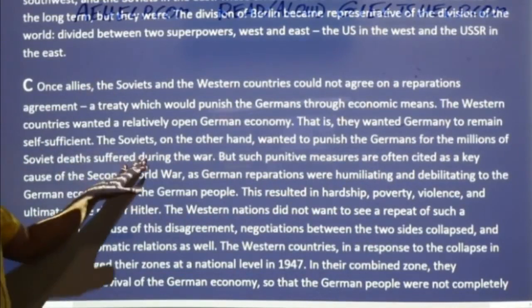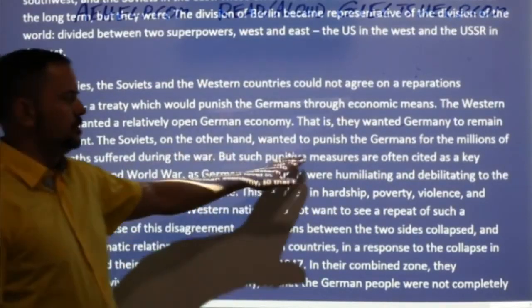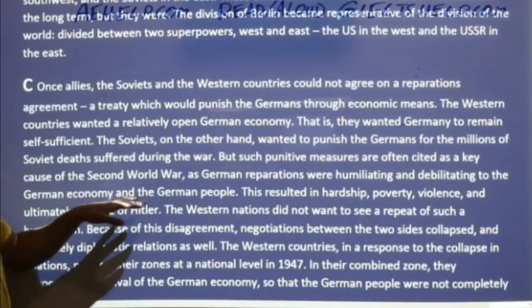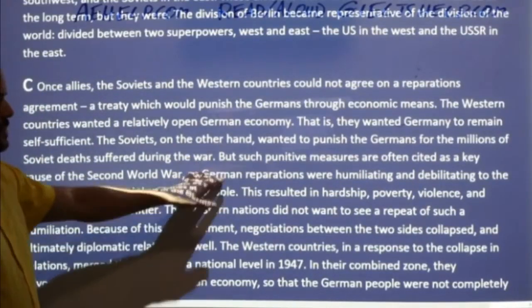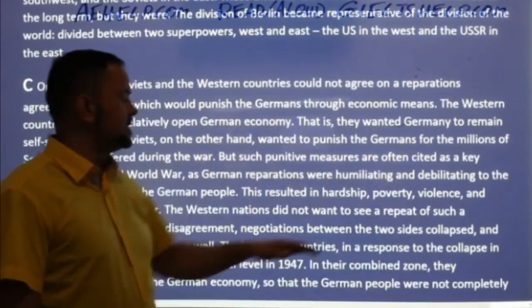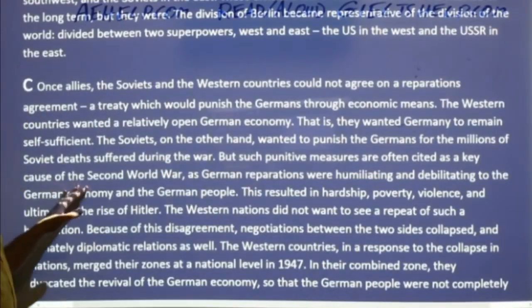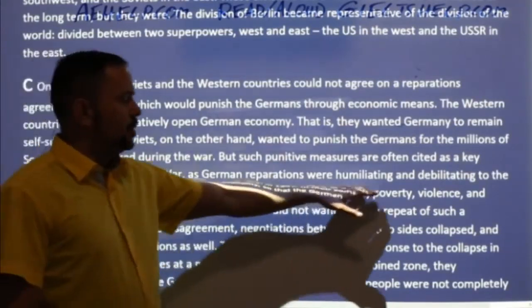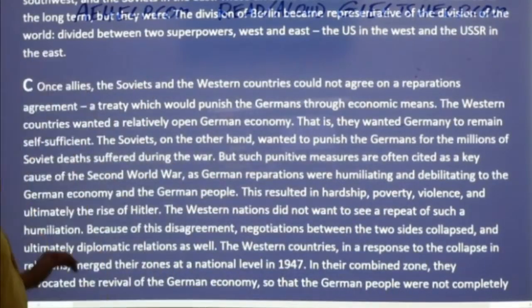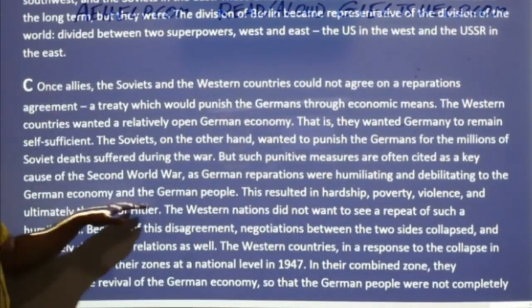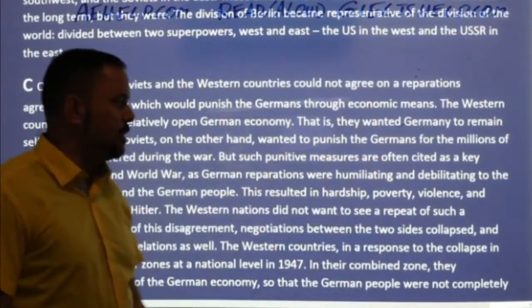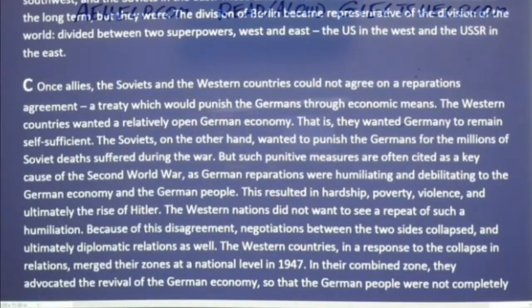The Soviets, on the other hand, wanted to punish the Germans for the millions of Soviet deaths suffered during the war. But such punitive measures are often cited as a key cause of the Second World War, as German reparations were humiliating and debilitating to the German economy and the German people. This resulted in hardship, poverty, violence, and ultimately the rise of Hitler.